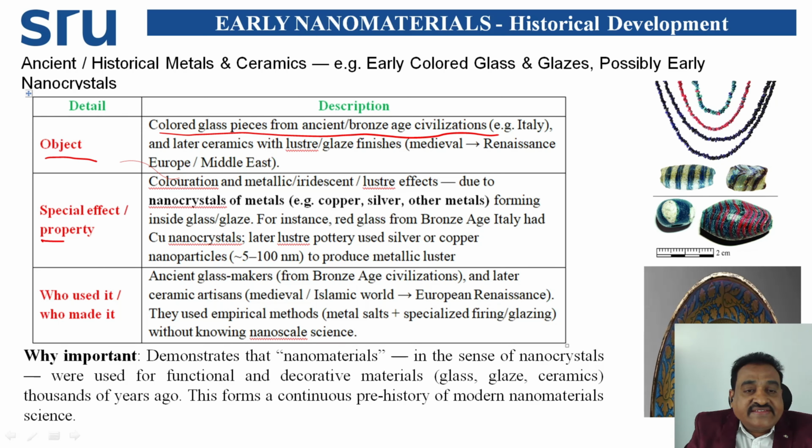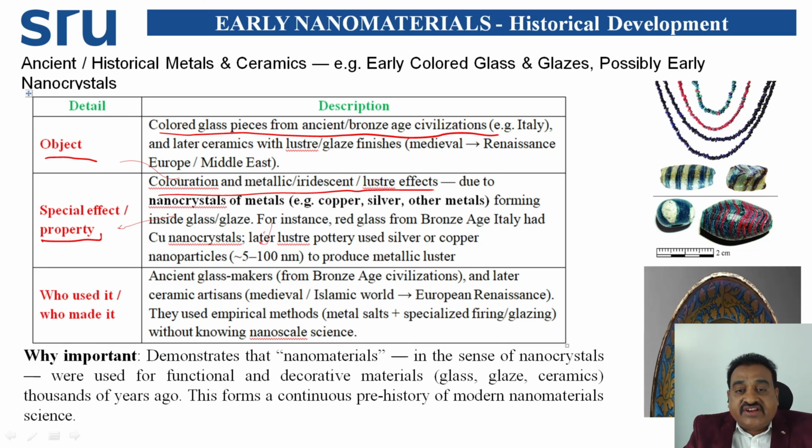What are the properties or the specific effect you see? A metallic iridescence due to nanocrystals of metals, for example copper and silver, forming inside the glass or glaze.